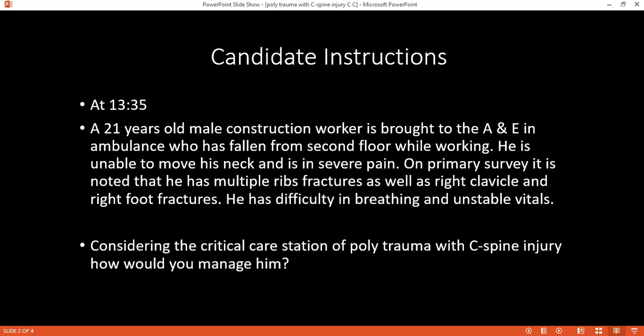Okay. Can you please tell me how would you define massive blood transfusion? Massive blood transfusion is when the patient is transfused more than 50% of the patient's whole blood volume within 24 hours. Yes. That's called massive blood transfusion. Right. All right.